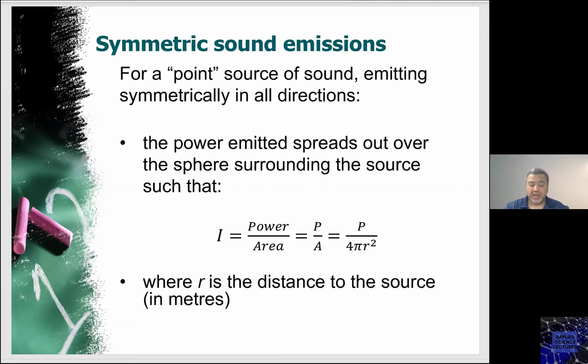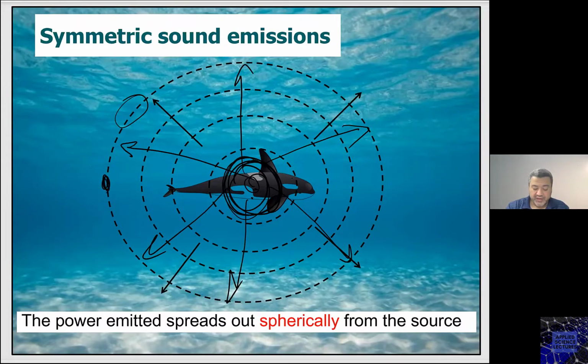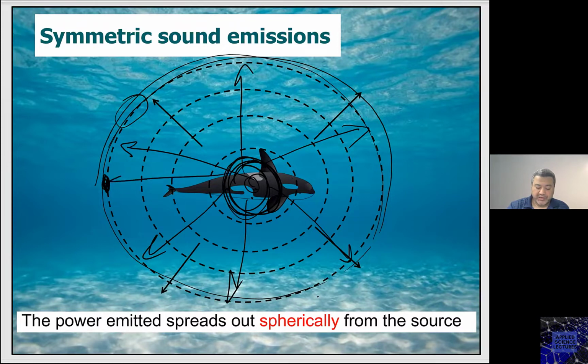If we assume that the whale generated a power emitting in all directions, then this power will be divided by that sphere, and that sphere will include the point of interest. So here, for example, if I am standing here, then this power will be divided over the area of the whole sphere.